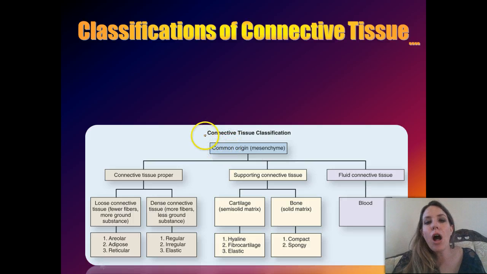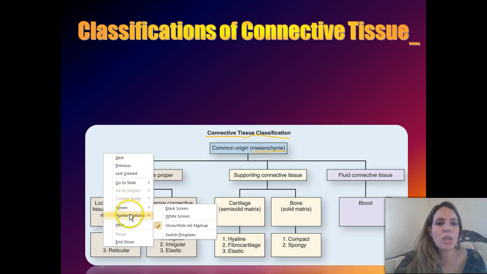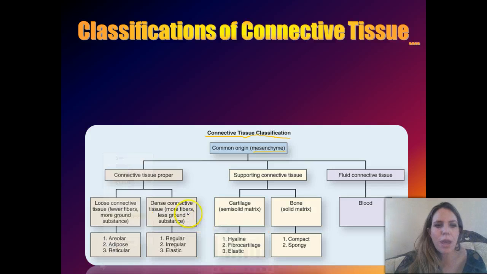We're going to say, okay, all of these guys are connective tissue. Now let's break it down. They're all produced by the same kinds of cell, the mesenchyme cells, but they can serve three different categories, and then there are subcategories under that. So we have connective tissue proper, and I'm going to change the ink color here to something that will show up a little better.